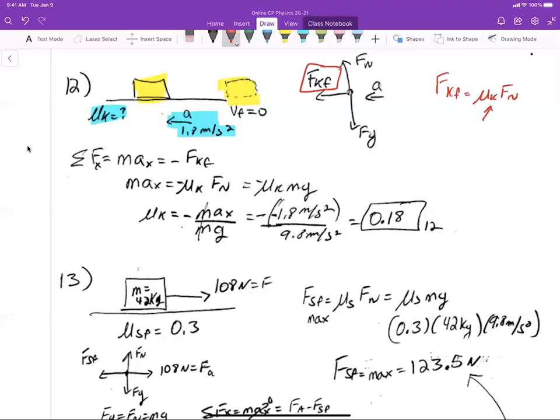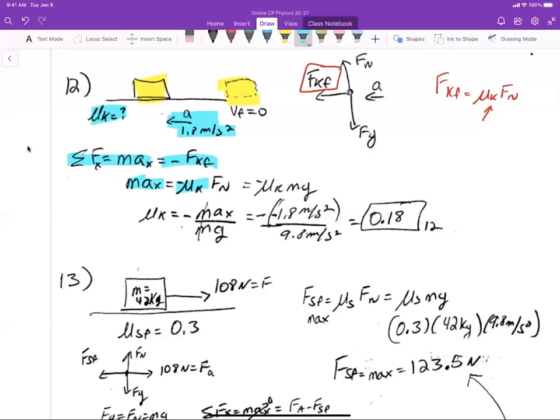So I have to sum my forces in the x direction. Add all my forces up in the x direction. There's only one force, it's to the left, that's why it's negative. I've been told the acceleration. So I've got the mass of the car. Did they tell me? They did not, but that's okay because I don't need it. You'll see. Acceleration, mu k, that's what I'm looking for.